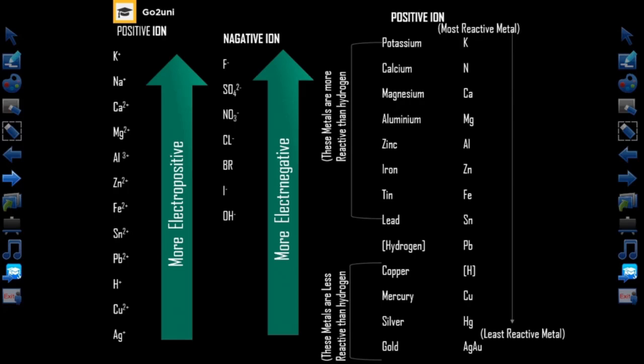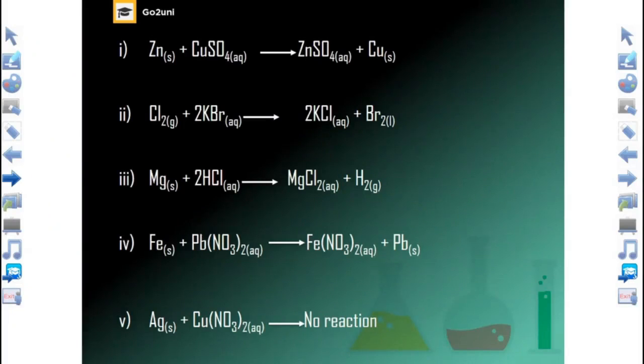Looking at zinc also, on the electropositive element side, zinc is more electropositive than copper. Zinc is higher up, copper is below. So that is why zinc can knock off copper, or we can use the word displace copper from any reaction where it meets copper. So this is an example of what we refer to as a displacement reaction.